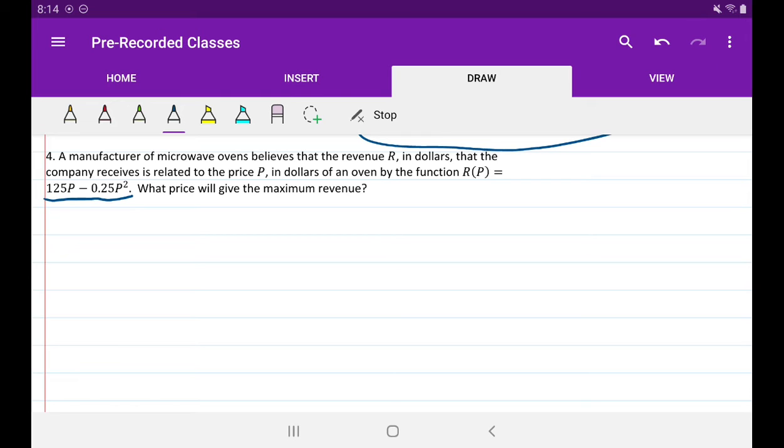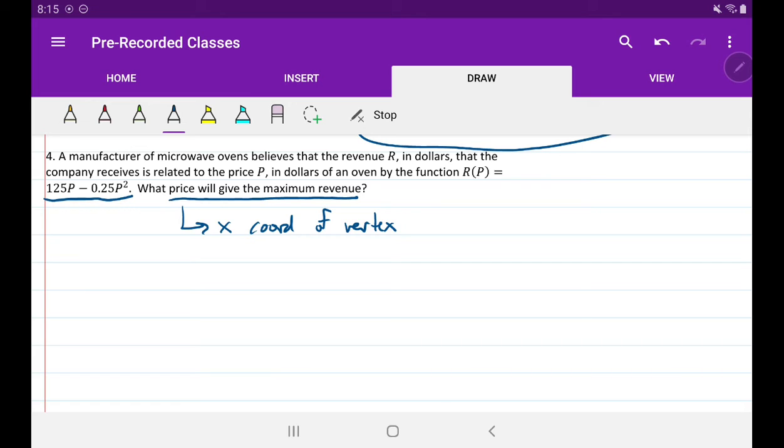So for this problem, what we're looking for, what price will give the max revenue. So they're actually asking for the x-coordinate of the vertex. If they were asking for just the max revenue, then that would be the y-coordinate of the vertex. But they're asking what's going to give us that max revenue, so it's just the x of the vertex.